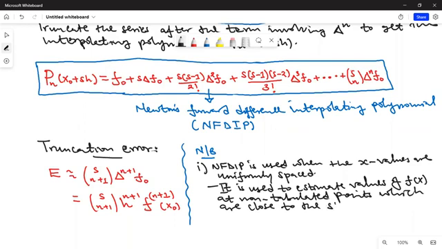The keyword there is the beginning of the table. I'm going to explain. When we were talking about the forward difference table, I told you that the table is read along a line that is sloping downwards.